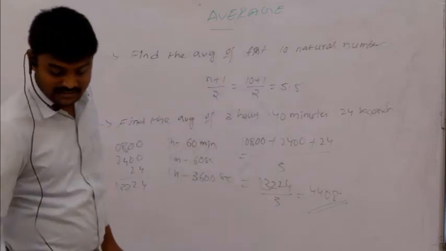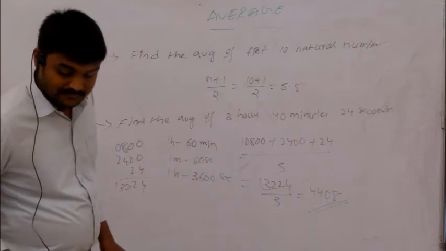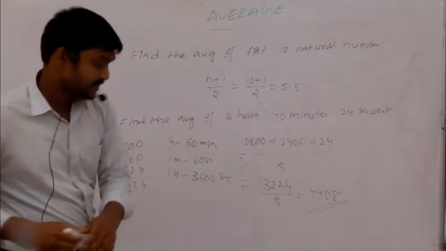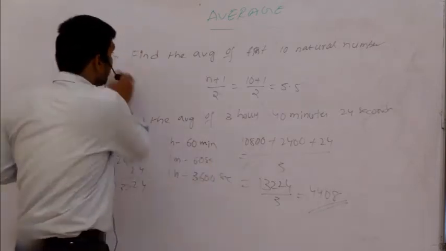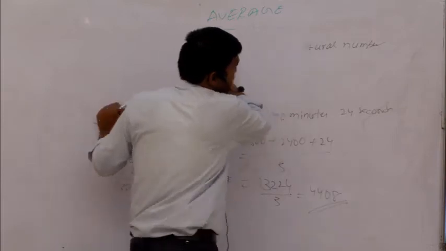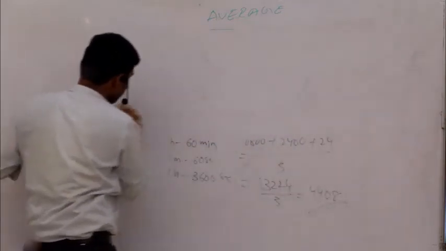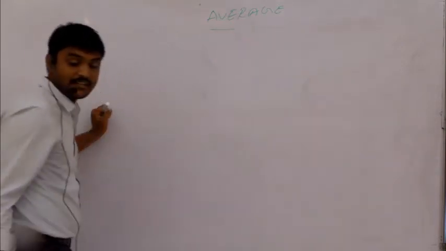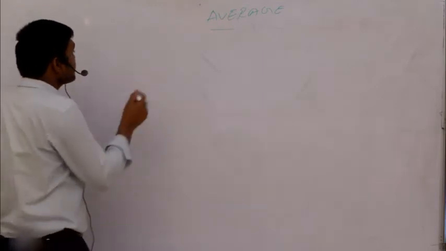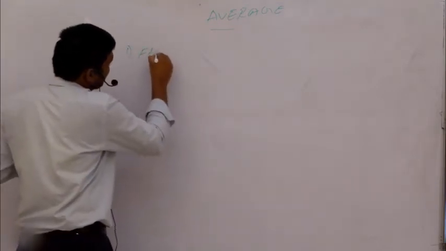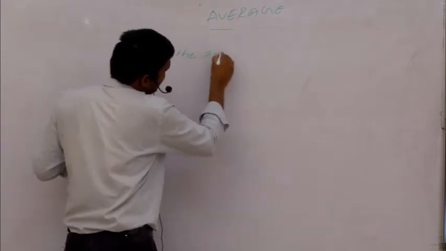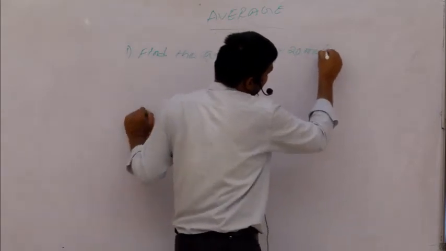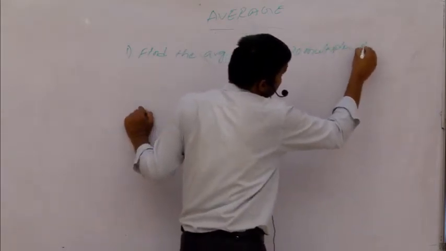Next we discuss, find the average of first 20 multiples of 7.